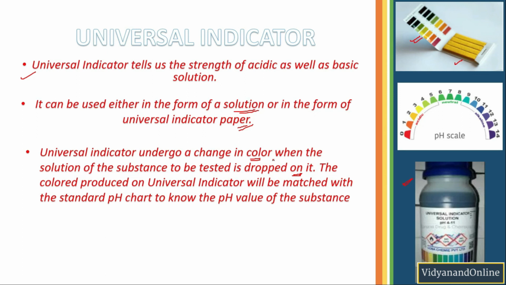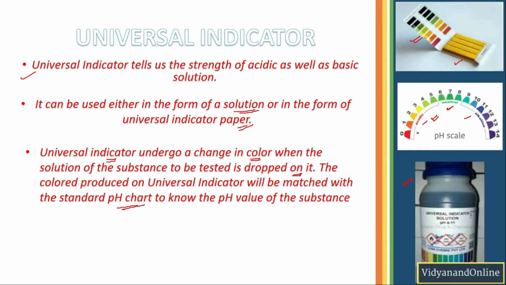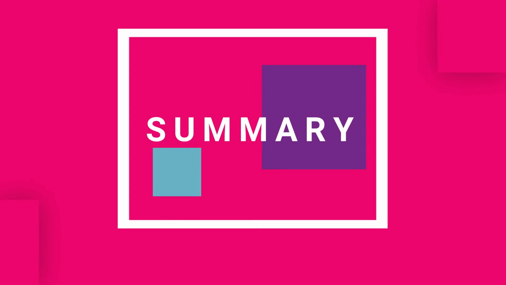It means that if you put the universal indicator solution into any substance which needs to be tested, then the color will change. Now you match that changed color with the standard pH chart, and you will find whether the substance was a neutral one, weak acid, strong acid, weak base or a strong base. Now let us summarize this session.